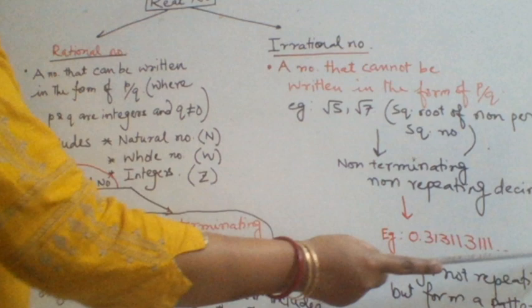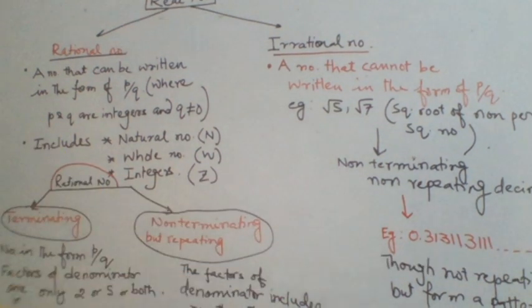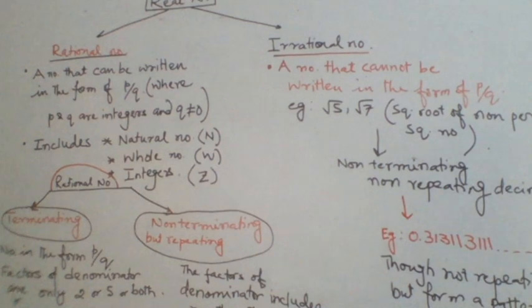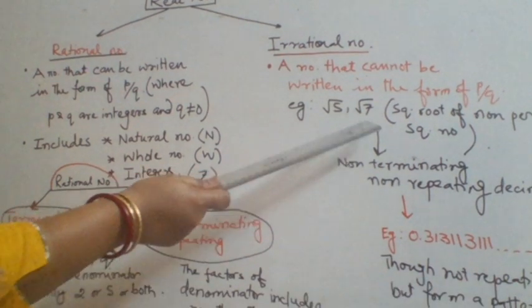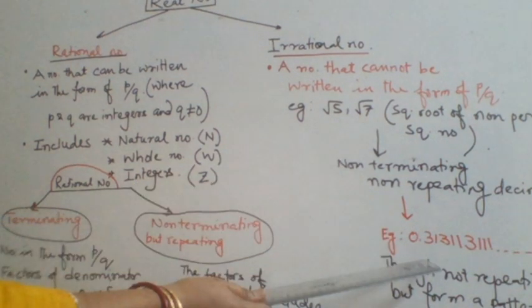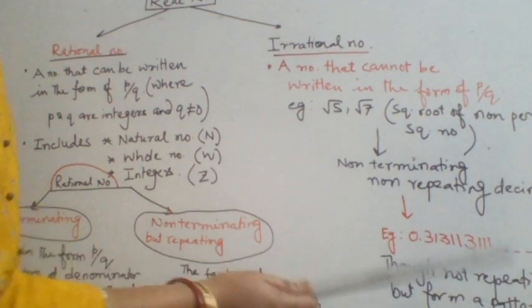But you can see this irrational number, in its decimal representation, is not repeating, but it has a pattern. So whenever you are writing some example of an irrational number, if you are going to represent it in decimal form, then show that there is some pattern. You can imagine any pattern.